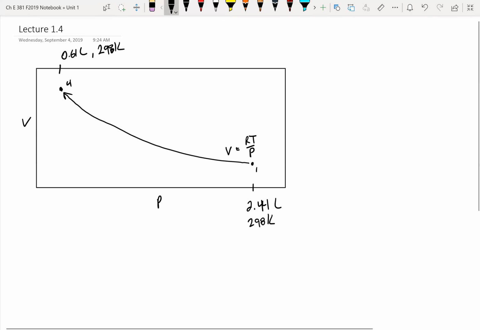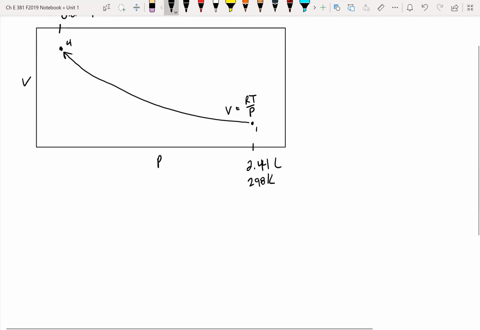All of these equations that you've seen in 210 and in Chem 325 for these various expansion paths derive directly from the first law. Remember, the first law was delta U equals Q plus W, and in differential form, dU equals dQ plus dW.